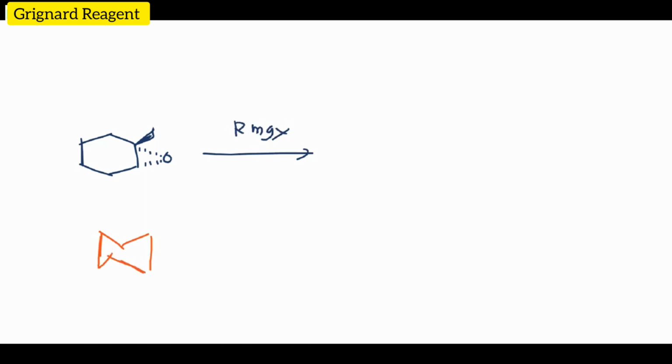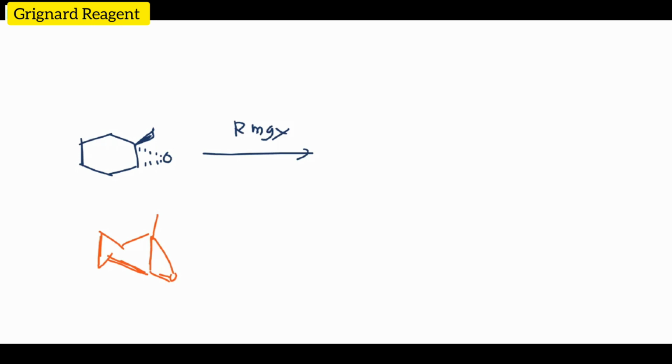If a methyl group is given like this one, and we are going to react with RMgX, then what do we have to do? Again, first draw the structure in the chair form. It will be easier to understand from where we are going to attack. Look at this one. The position of the methyl group is up, and this will be the downside. But from where are we going to react? Again, from the axial side, for any cyclic or cyclohexane derivative it should be axial.